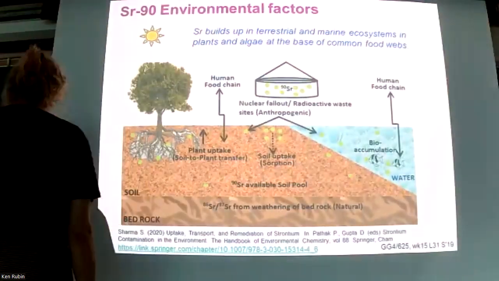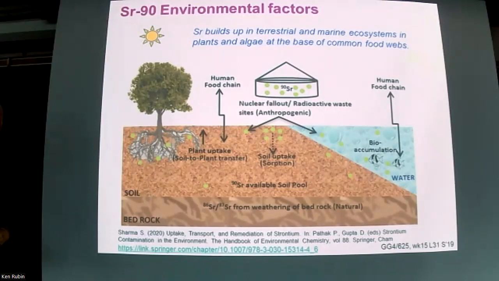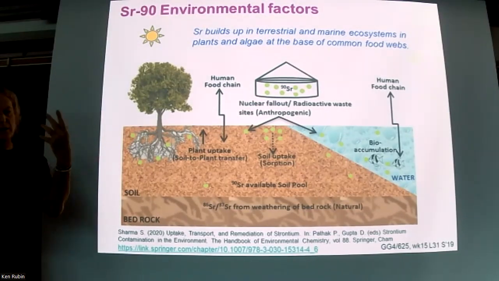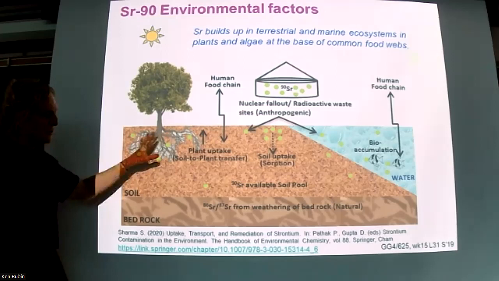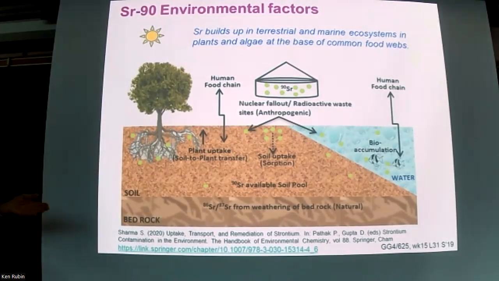So now let's talk a little bit about how strontium gets into food webs, some environmental factors. So obviously strontium is falling out of the atmosphere, whether it's from the global fallout or one of these more localized sources. We also have strontium leaching out of medical waste, for instance, if it's improperly stored. But it gets into soils and it behaves just like any other cation, calcium, sodium, whatever, it's going to bind onto clays.